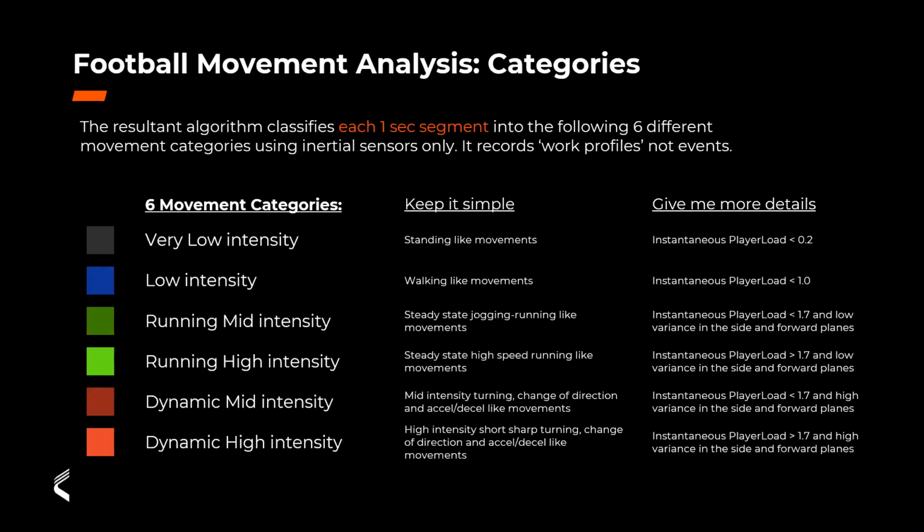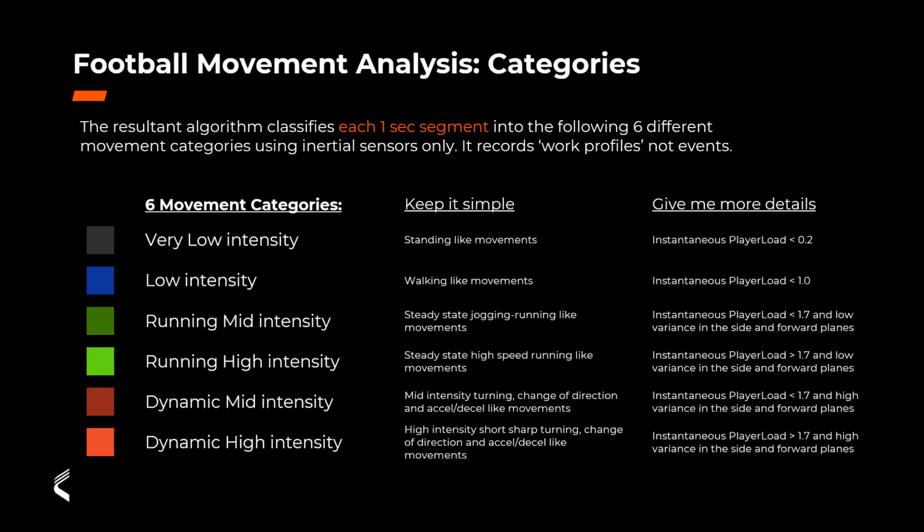Applying a little bit of science to this, the thing that differentiates between low, medium and high intensity work is the instantaneous player load associated with it. You can see here that we've set thresholds at 0.2 arbitrary units, 1 arbitrary unit, and 1.7 arbitrary units.